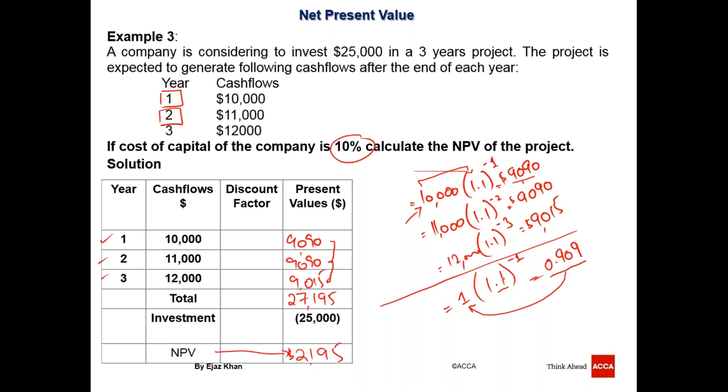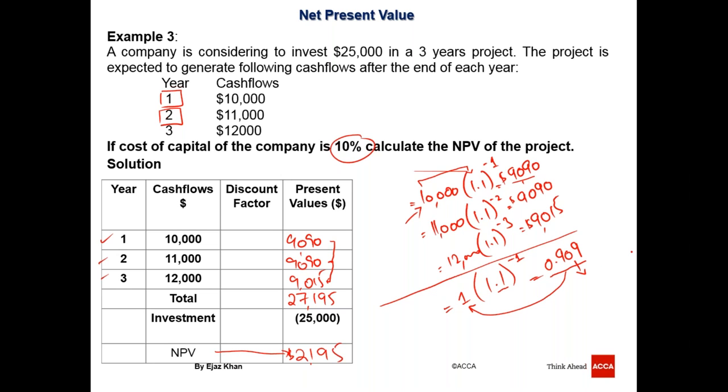The maximum that should be invested for $1 to be received in 1 year's time should be 0.909, provided that the company needs to generate a return of 10%. So for every $1 that it receives in 1 year's time, it should invest $0.909.